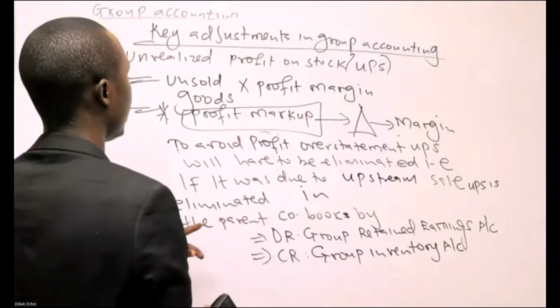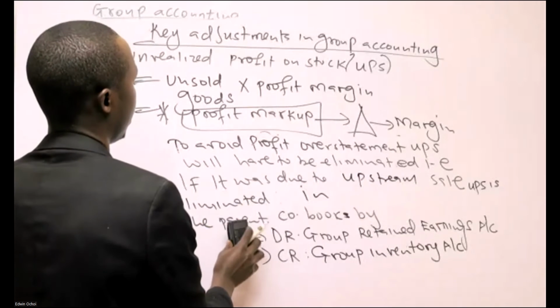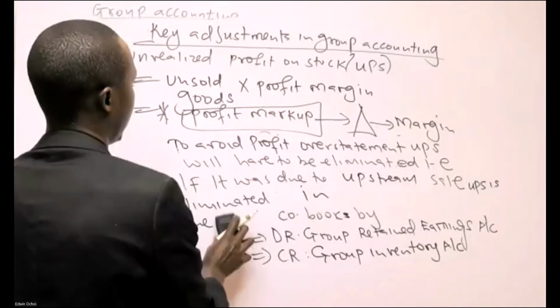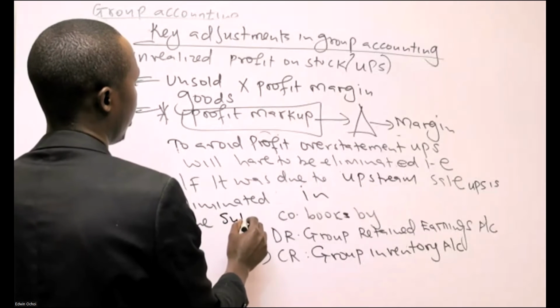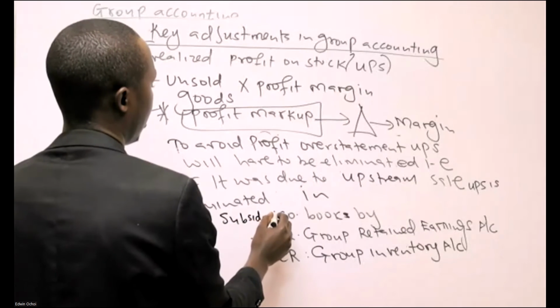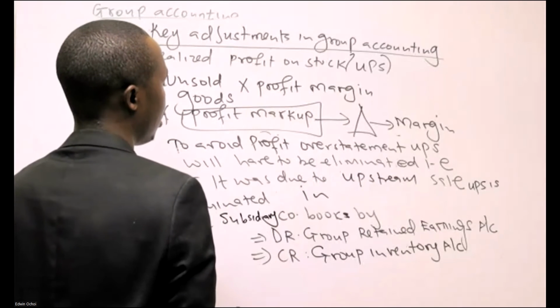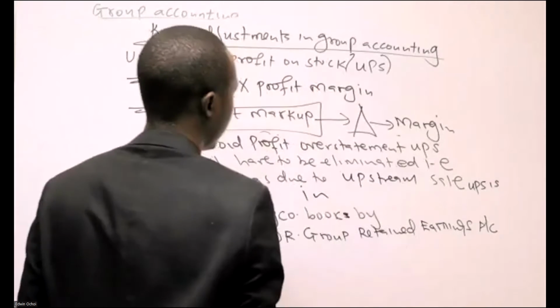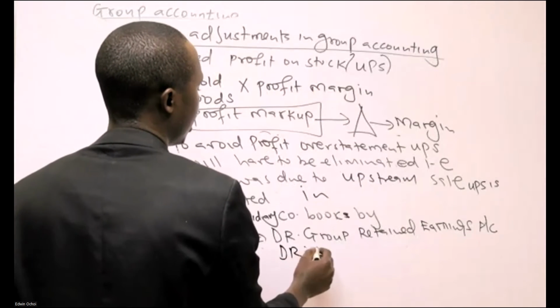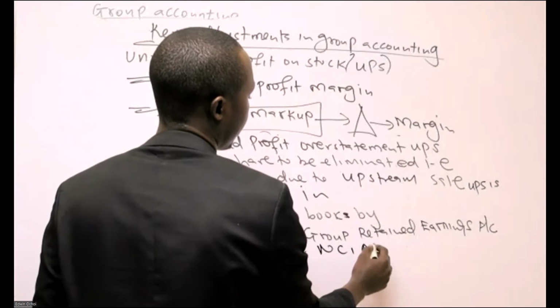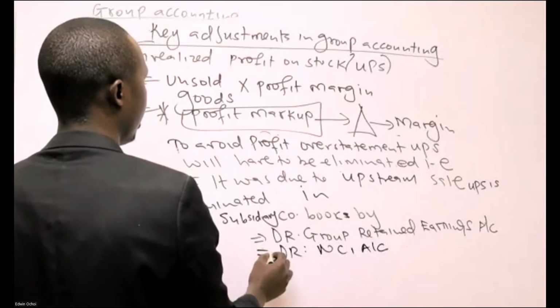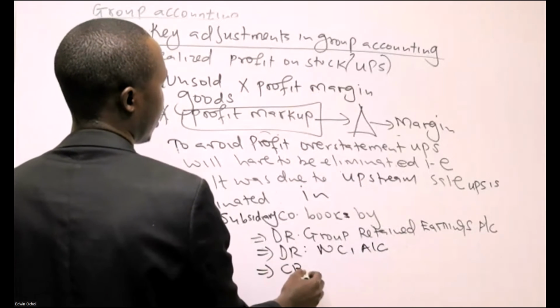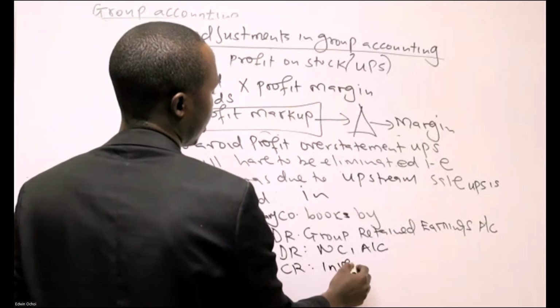UPS will be eliminated in the subsidiary company by debiting retained earnings. Again, you debit the NCI account, then you credit the inventory account.